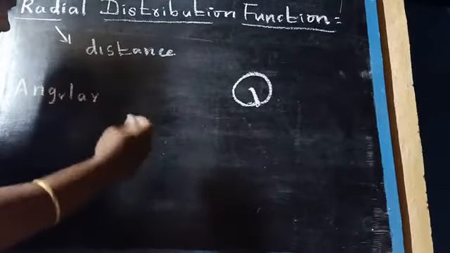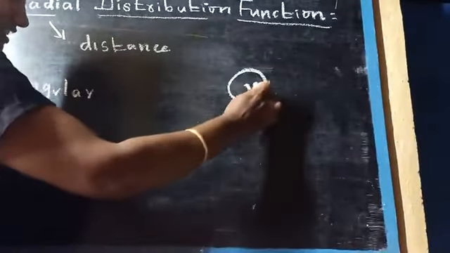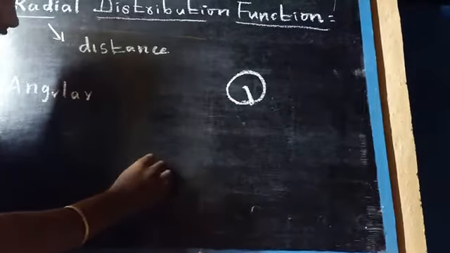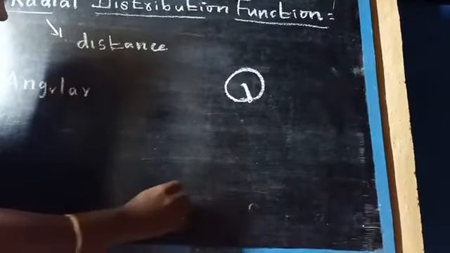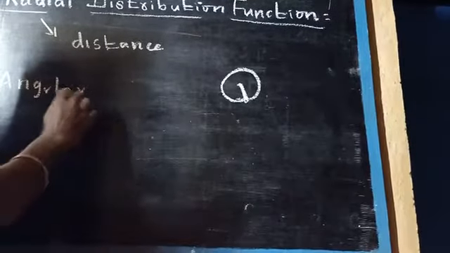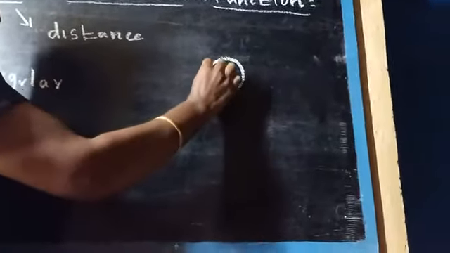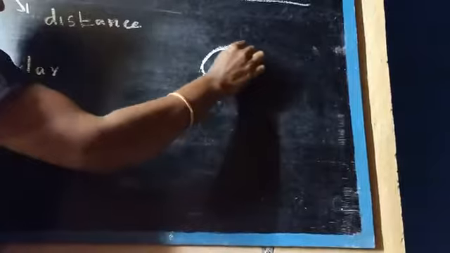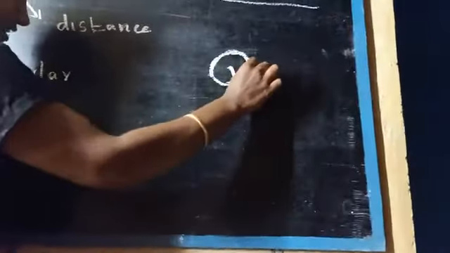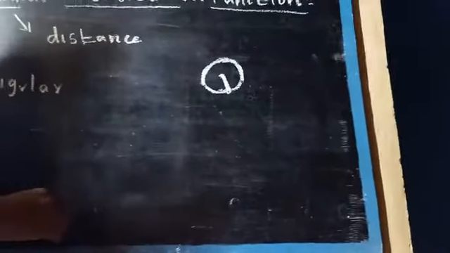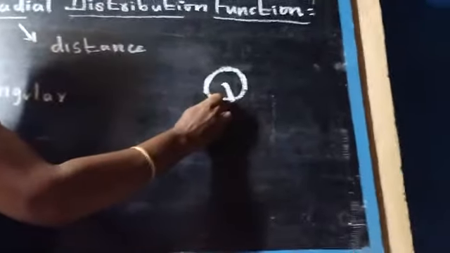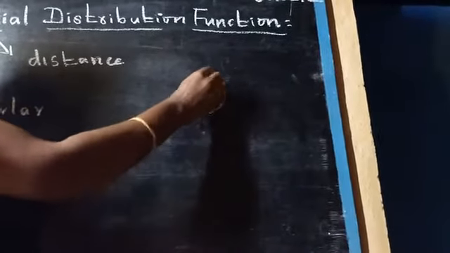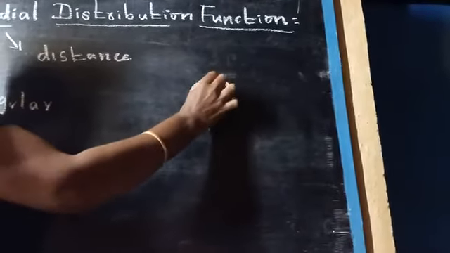Angle means now it is the sphere shape. If it is flat, you can find the angle very easily, but this angle is for a sphere. So to find out the angular distribution of the electron as well as nucleus, this angle is going to be found out.